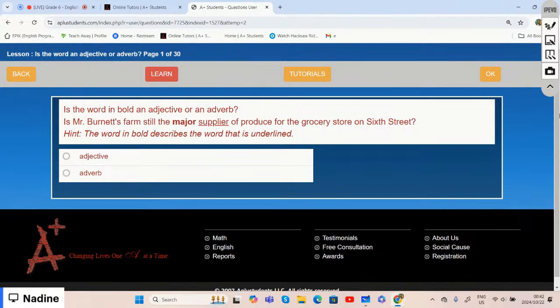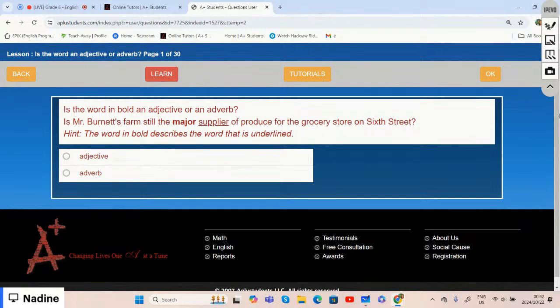It says, is Mr. Bennett's farm still the major supplier of produce for the grocery store in 6th Street? If we look at the word in bold, the word in bold tells us about the word that is underlined.